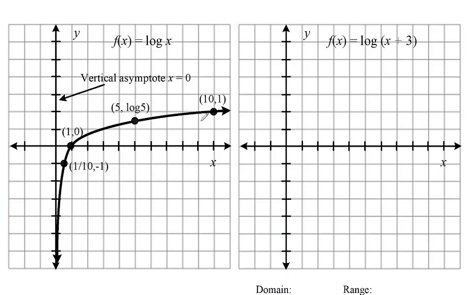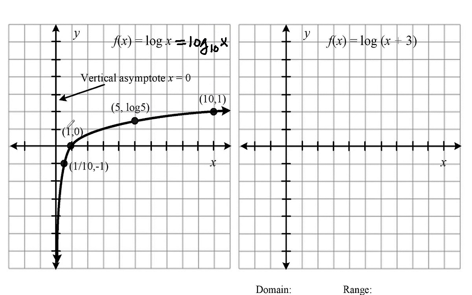Now I did plot some points on there, 10, 1, because if you remember this log is really log base 10 of x. So this is the exponent over 10 that gives x. So the exponent over 10 that gives 10 is 1. If you plug 5 into our function here, you're going to get log of 5 in your y-coordinate there.